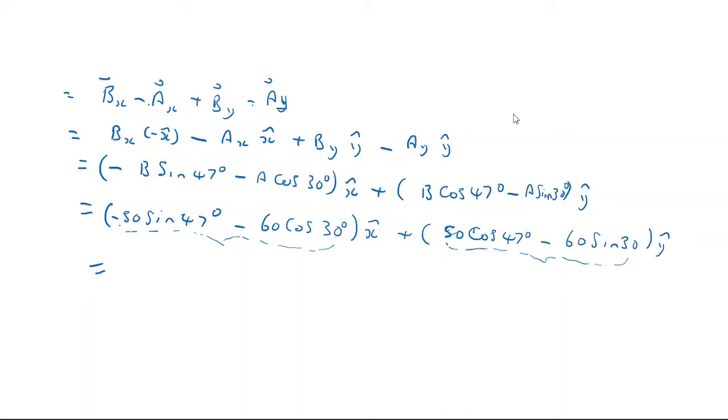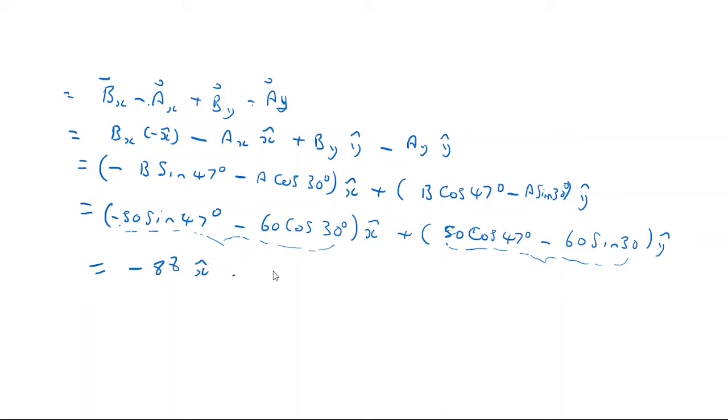All right, so let's calculate these values and see what we get. We have minus 50 sine of 47, and then minus 60 cos of 30 degrees. It's minus 88 in the x direction. There's the x that stays, and then there's the plus.